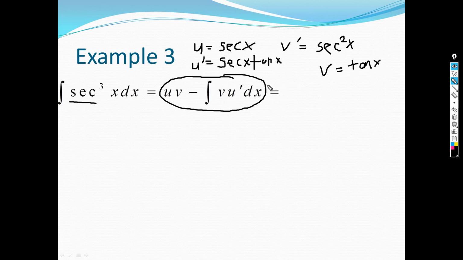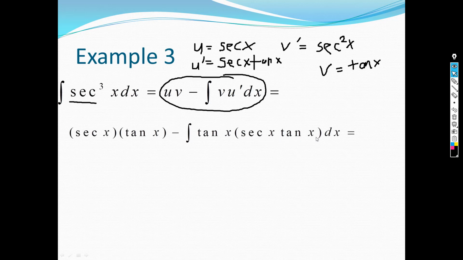And over here for u prime, we're going to put secant of x tangent of x. So this is what we wind up with. Secant of x is u, v is tangent of x. There it is right there. And then I have the integral of tangent of x for v, and then right here we have u prime, secant x tangent x dx.